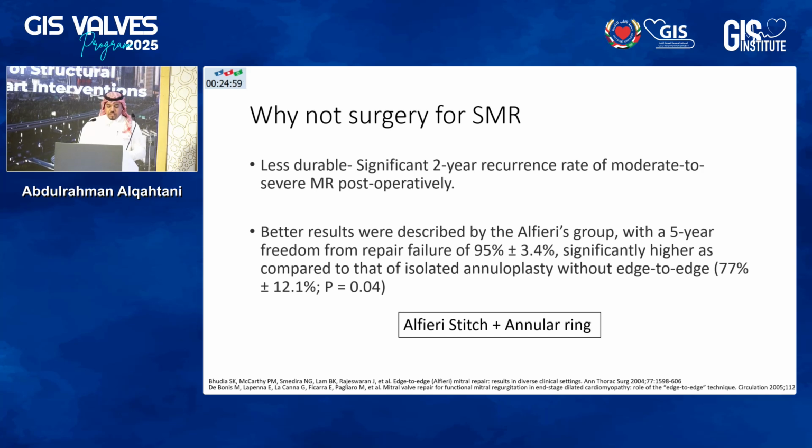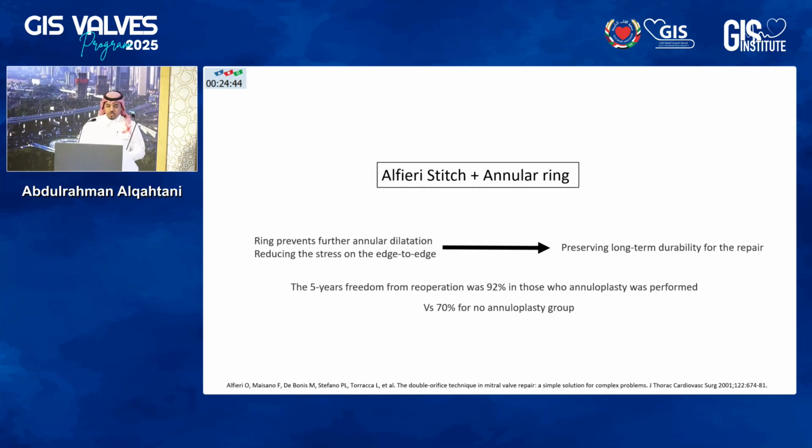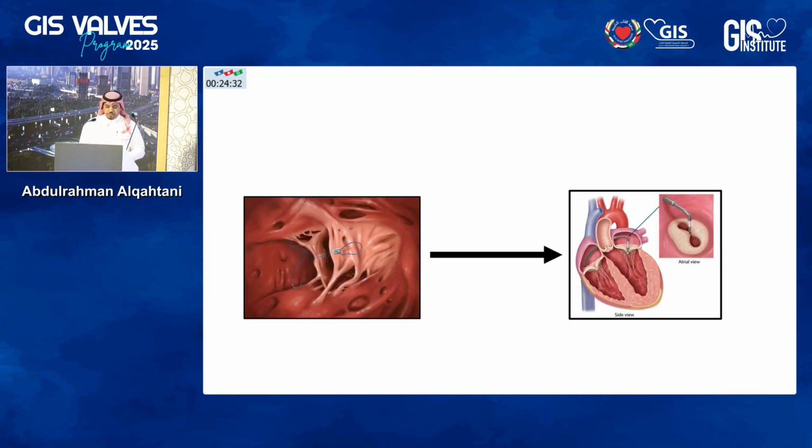So Alfieri tried to resolve this by introducing a stitch and also considering an annuloplasty, an annular ring, therefore limiting the expansion of the LV and trying to resolve the problem at the same time. They showed that the 5-year freedom from operation was 92% with the Alfieri stitch along with the annuloplasty ring, versus 70% with just the annuloplasty ring.